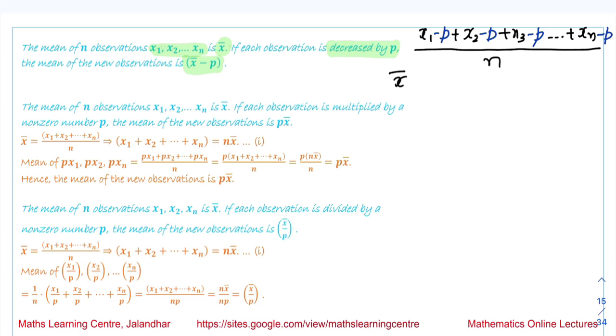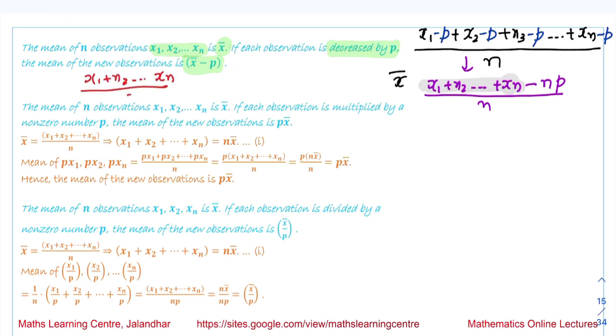So we can write this equation in the form x1 plus x2 so on up to plus xn minus n times p, over n. We separate this term in two parts. It is (x1 plus x2 so on up to xn) over n minus np over n. So n gets cancelled.